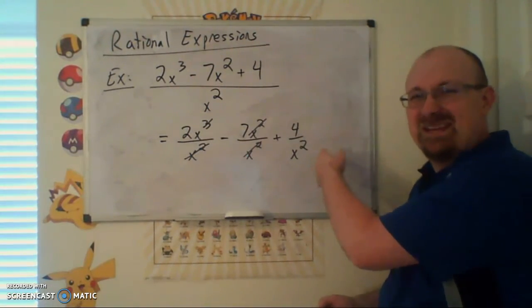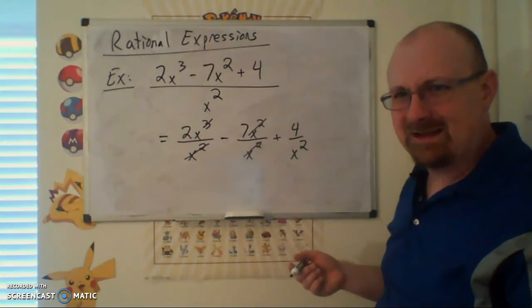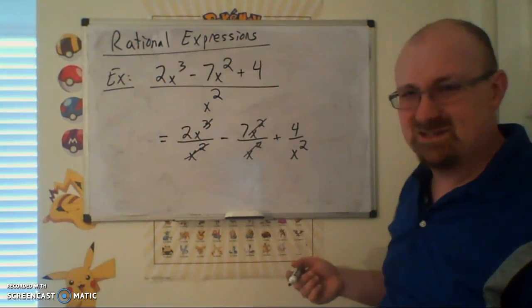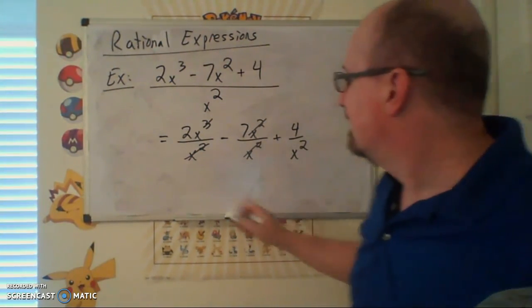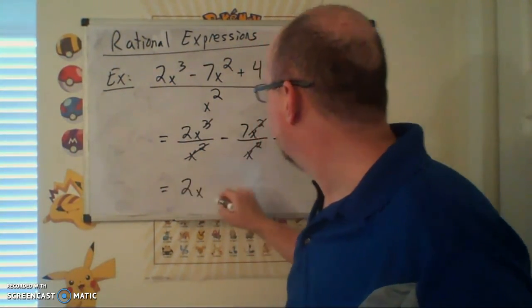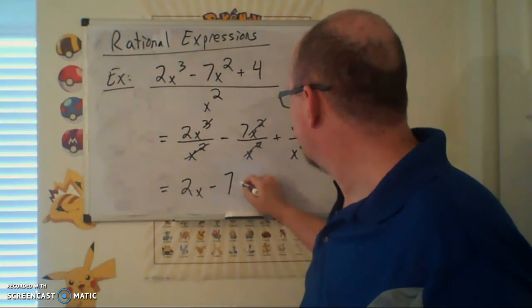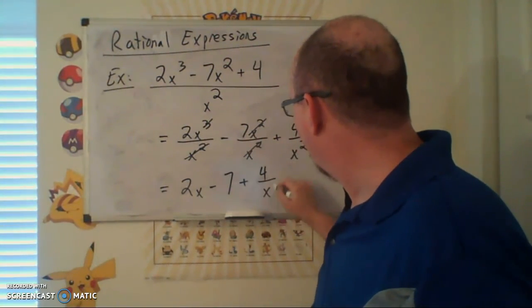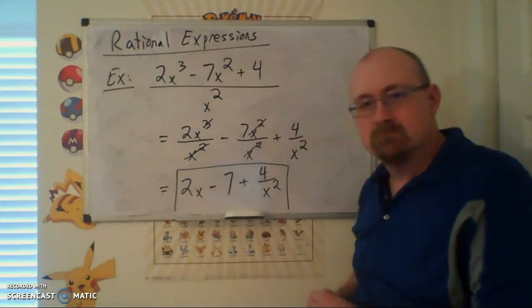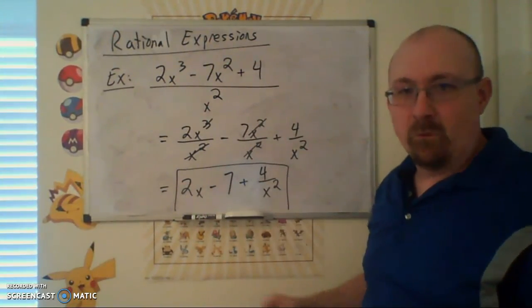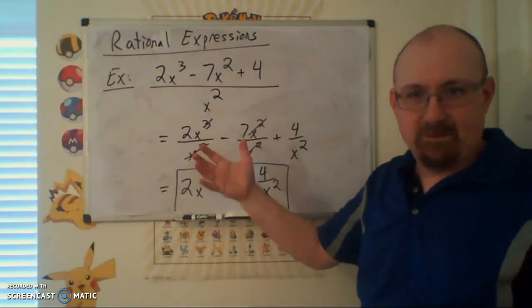There's not really much we can do with this 4 over x squared. I guess you could write it as 4x to the -2nd, but the rational thing is fine by me. In any case, this ends up looking like 2x minus 7 plus 4 over x squared. So we put them together, now we've taken them apart.